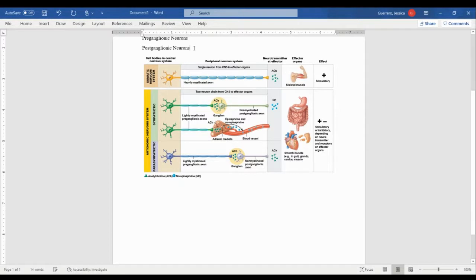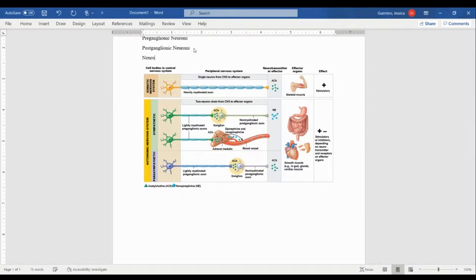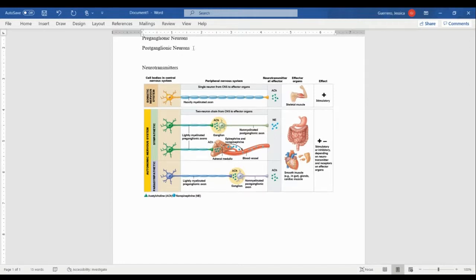Be familiar with the neurotransmitters associated with each. That would include acetylcholine, epinephrine, norepinephrine. Also be familiar with serotonin, dopamine. Knowing how the preganglionic and postganglionic neurons integrate into the spinal cord.